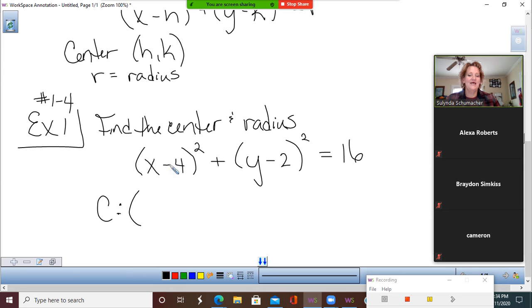This tells us we're going to the right 4, and this is going to tell us we're going up 2, because it's always opposite in the parentheses. Or you can think of this as x minus h. So our h value is 4. And this is y minus k, and in this case, our k value is 2. So we have a center at (4, 2). Our radius, remember that 16 is r squared. So to find our radius, we need to square root that, and we get 4.